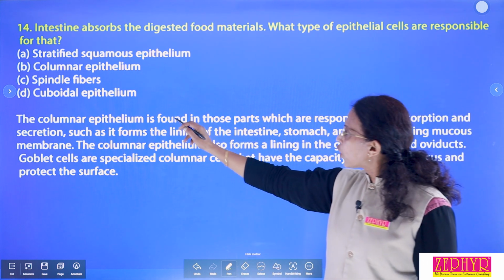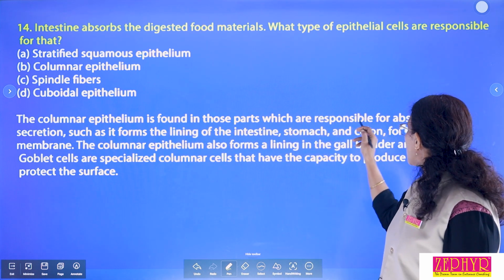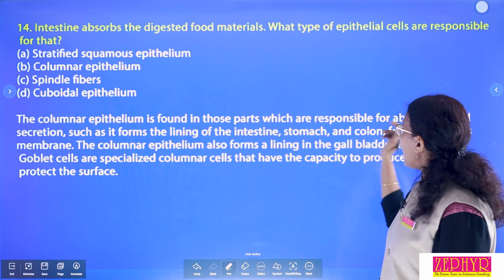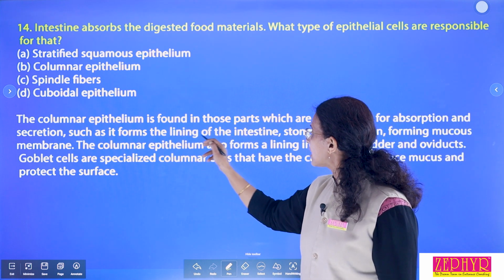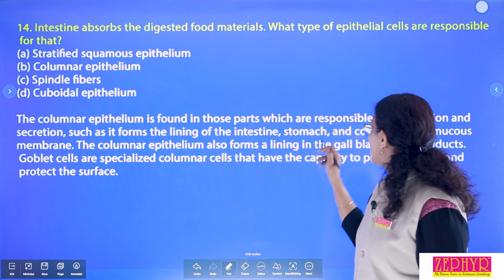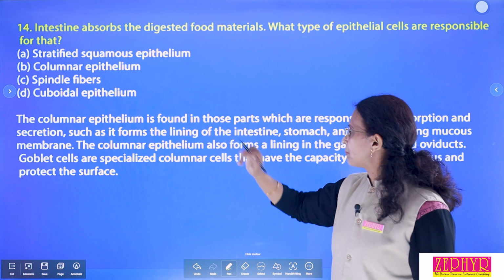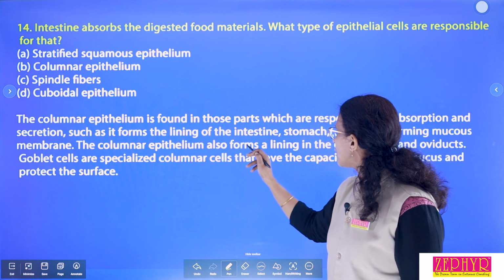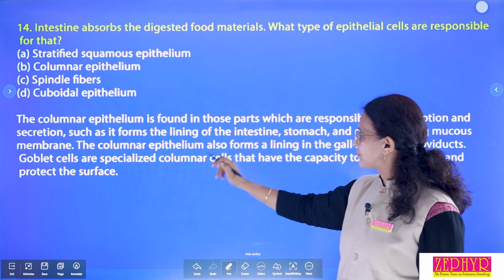See, the columnar epithelium is found in those parts which are responsible for absorption and secretion, such as the lining of the intestine, stomach and colon, forming mucous membrane. The columnar epithelium also forms a lining in the gallbladder and oviduct.